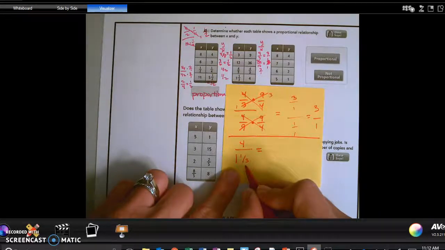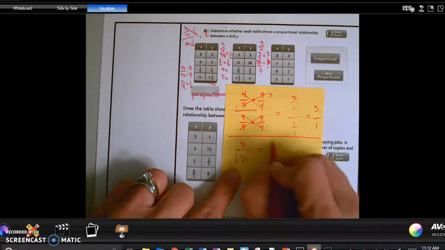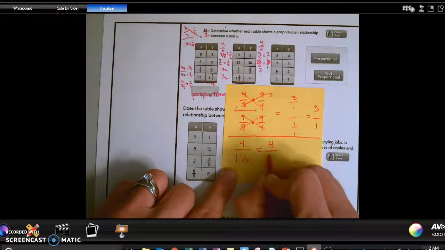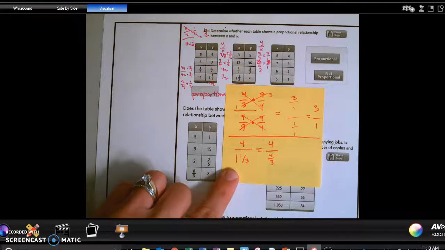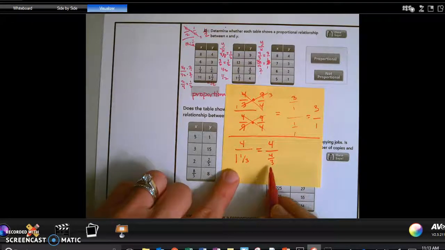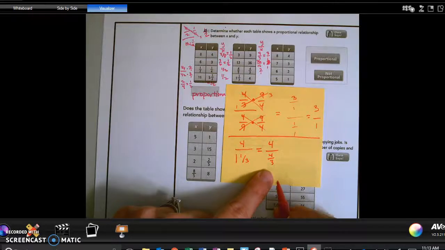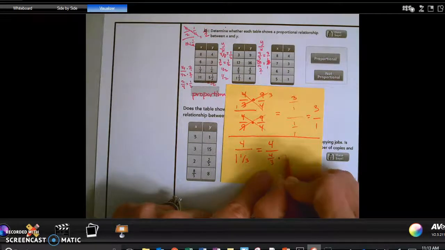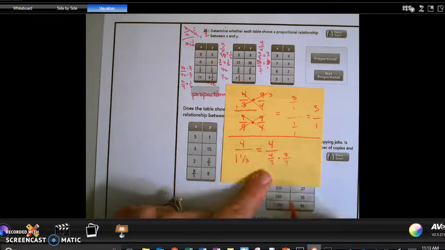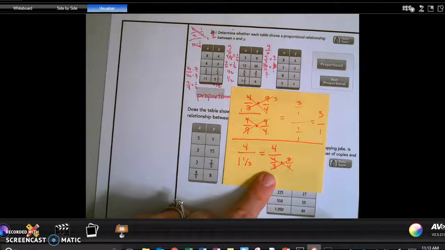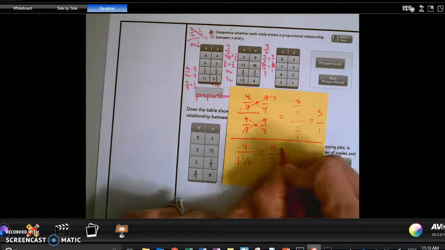So I'm going to change my mixed number to an improper fraction to start. 3 times 1 is 3, plus 1 is 4, and I'm going to keep my denominator of 3. Now if I want to get rid of my fraction in the denominator, I'm going to multiply by the reciprocal of 4/3, which is 3/4, and I do that so that I can cross cancel. Now whatever I do to the bottom, I have to also do to the top.